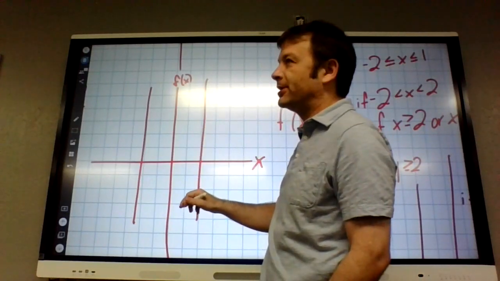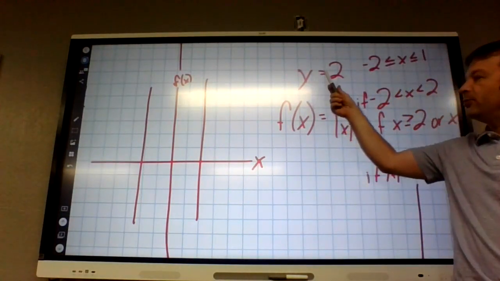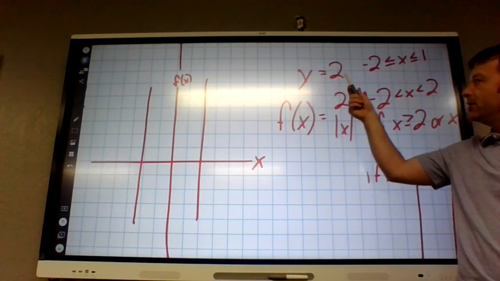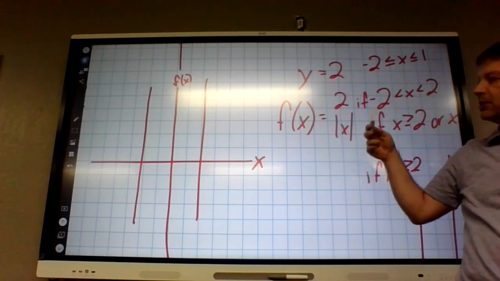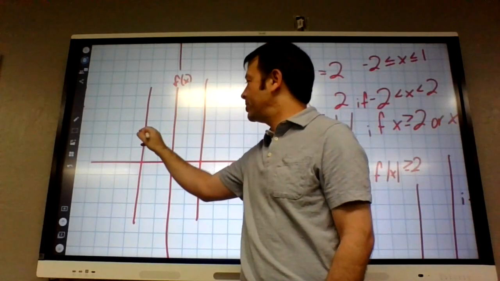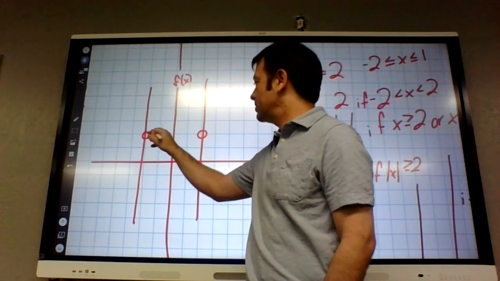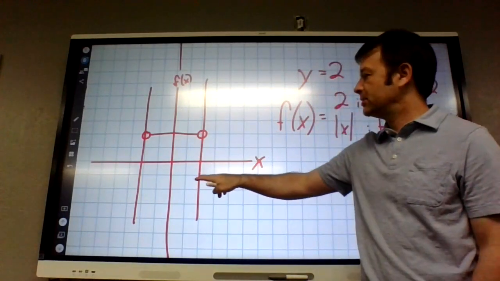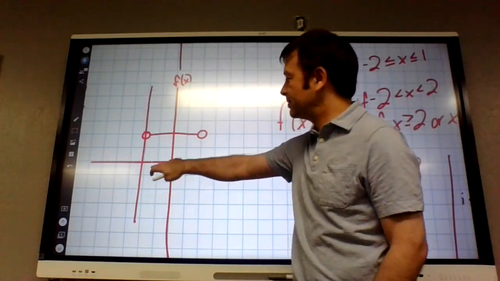Do not draw those lines, by the way. This is just for a visual. We're supposed to draw the line y equals 2 between there. Is it going to get to negative 2 and 2? No. So I'm going to put open circles at negative 2 and 2 and draw a line between. Do not draw those vertical lines.